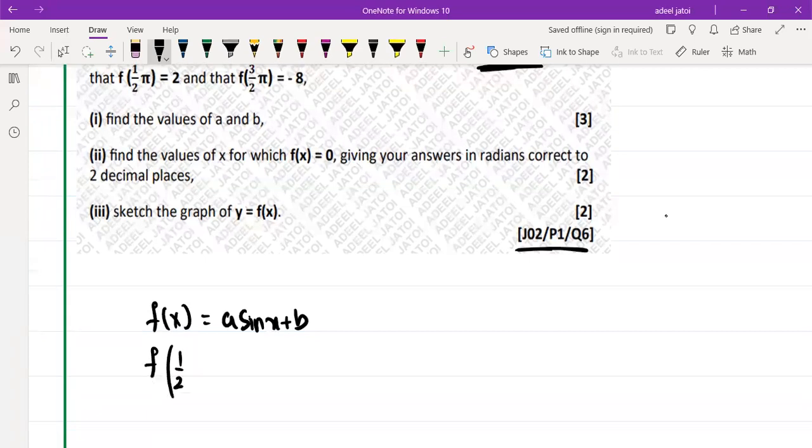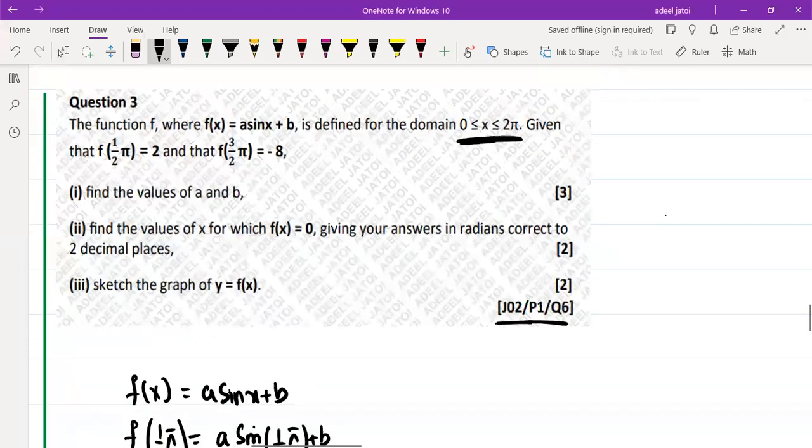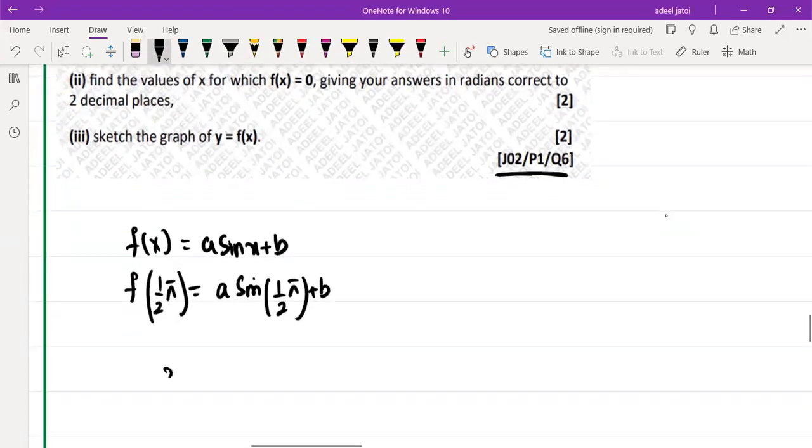If I write π/2 in place of x, that means sin(π/2) plus b will come here. And f(π/2) is what? 2. So we can write 2 as a sin(π/2) plus b.